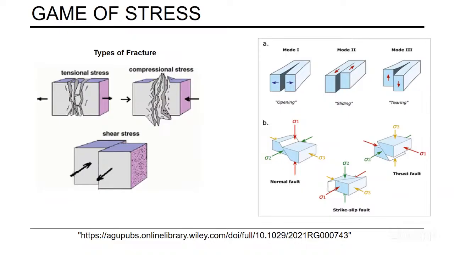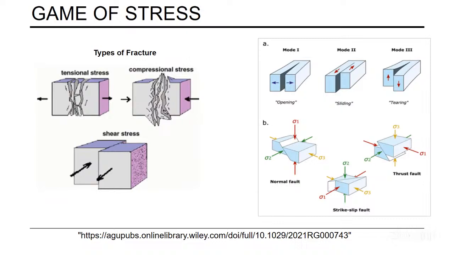Now, if I can take your attention to the right picture, at point B, you can look at the primary directions, which are sigma 1, sigma 2, sigma 3.